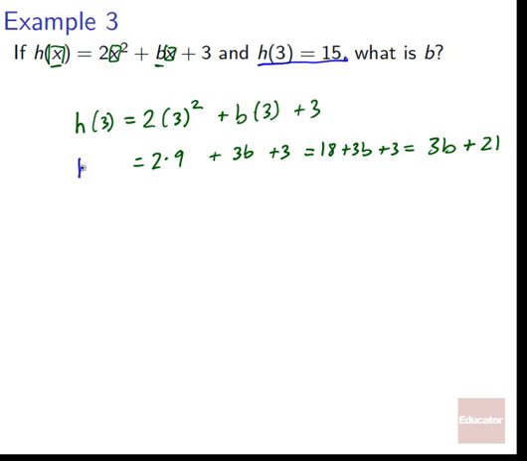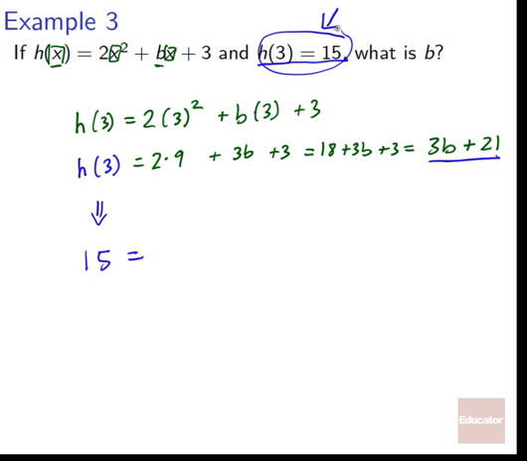Now, at this point, we go, right, I also know that h of 3 equals 15. Well, this is still h of 3, right? So now we go h of 3 equals 15, and we swap it out, and we get 15 must equal what we know h of 3 is. We know that h of 3 is equal to 3b plus 21, and we also know that h of 3 is equal to 15. So since h of 3 is two different things, but it's still just h of 3, we know that they must be the same thing.